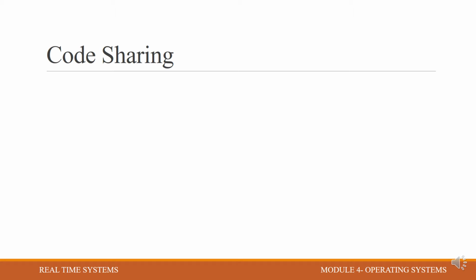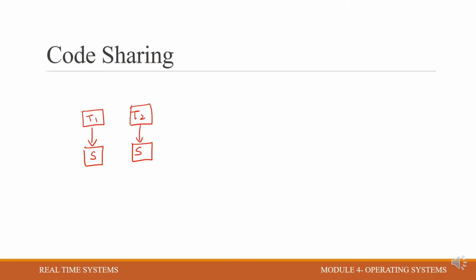Generally, in a multitasking operating system, each task must have its own copy of the subroutine. For example, T1 should have its own copy of subroutine S, and T2 must have its own copy of subroutine S. This can be any piece of code.